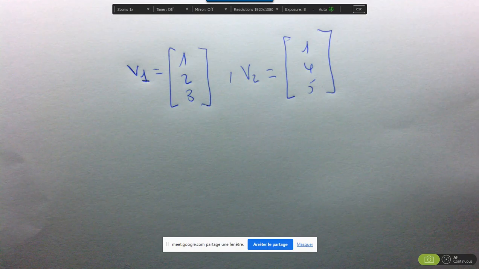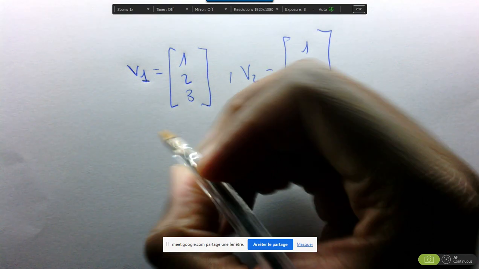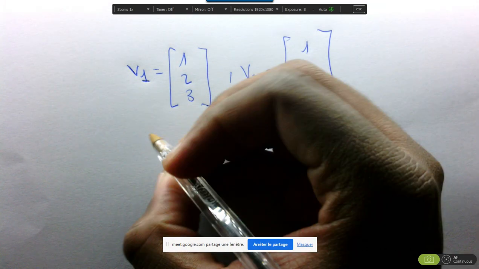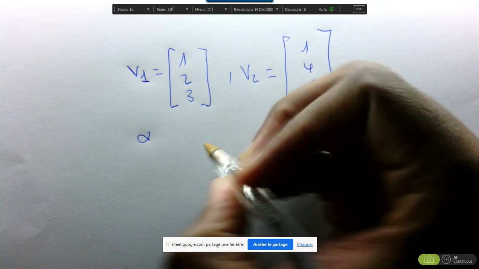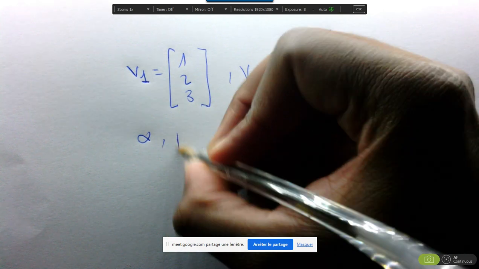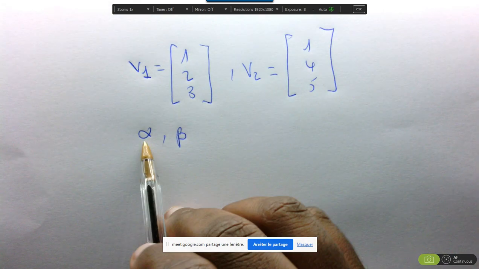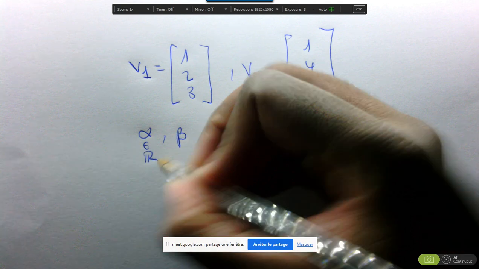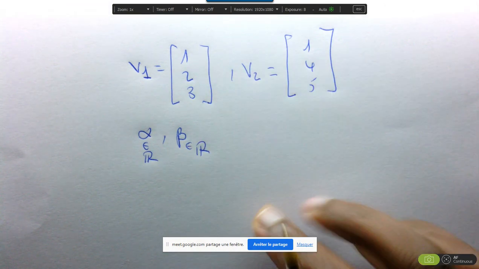I can have some coefficients, alpha and beta, where alpha belongs to the set of real numbers and beta belongs to the set of real numbers.